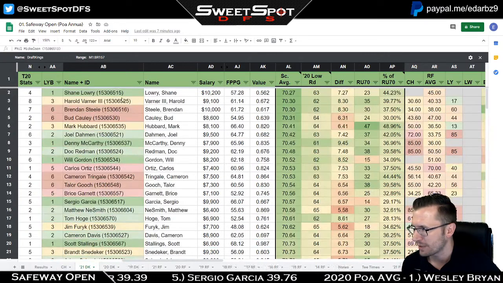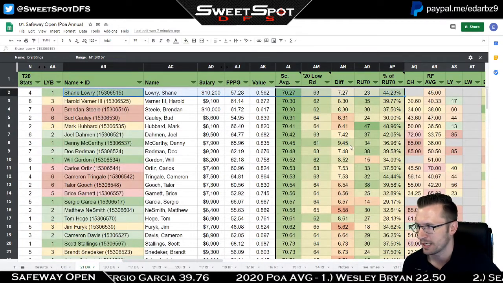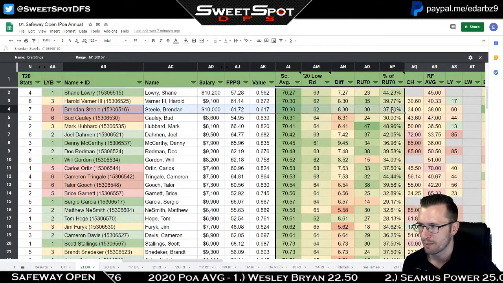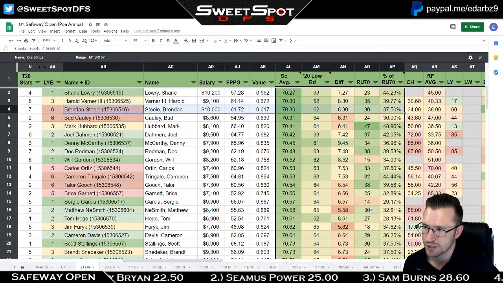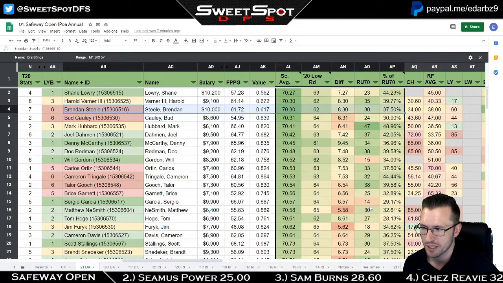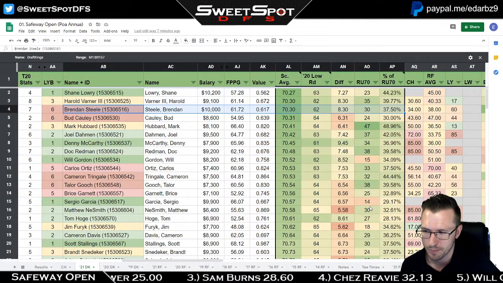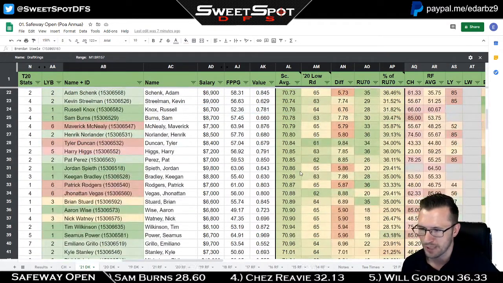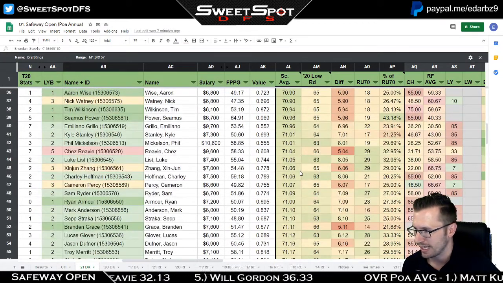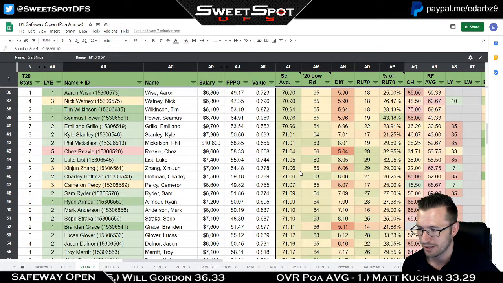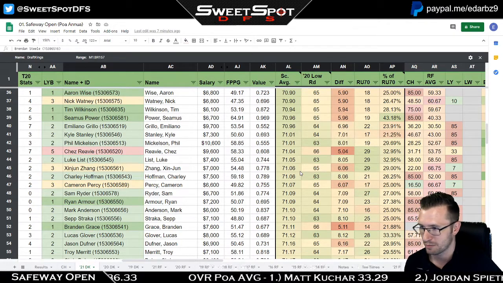If we were to look, Shane Lowry is in the group that he's playing in. So is Brennan Steele. Both of them have better scoring averages. Both of them have better percentages of rounds under 70. They're just better plays in my opinion. But Phil might be actually the guy who no one plays at that price and might come around and play well.